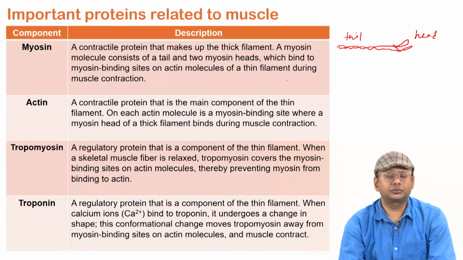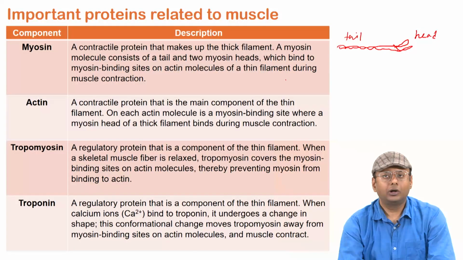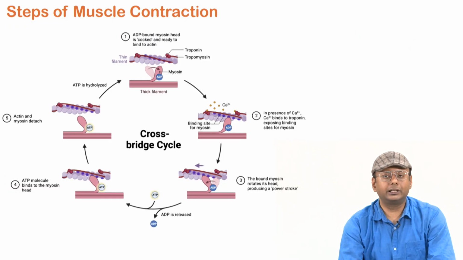This binds to the myosin binding site on the actin molecules of the thin filament. Basically, myosin binds to the myosin binding site of the actin molecules present in the thin filament, and this happens during muscle contraction. We will see in the next slide how it exactly happens.